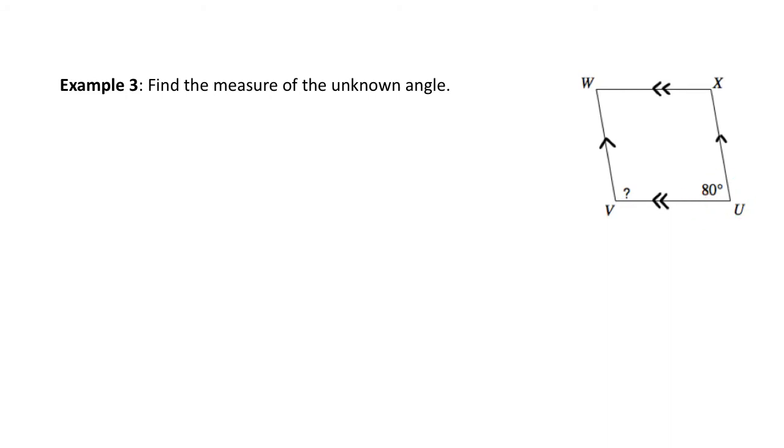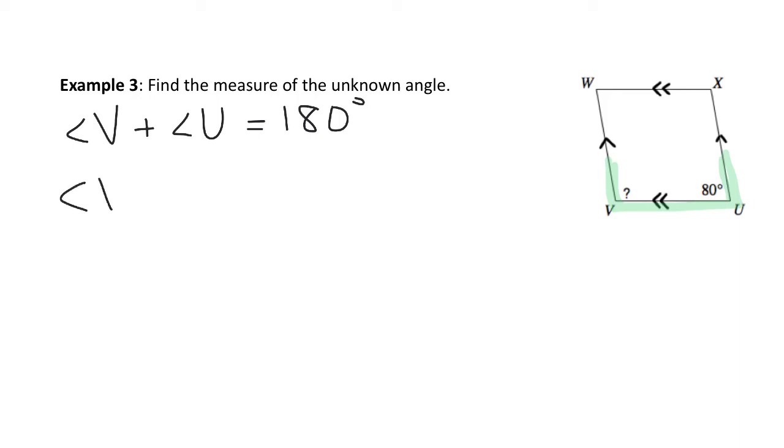Remember, one of the angle relationships for parallelograms tells us that adjacent angles are supplementary. We do have adjacent angles between angle V and angle U, so these 2 angles together need to add up to 180 degrees. I've set up an equation: angle V plus angle U equals 180 degrees.